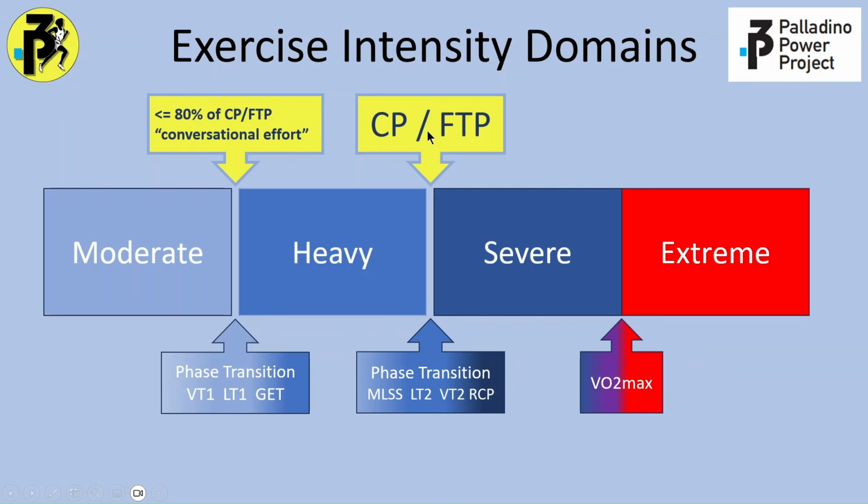And the other anchor point is right here at the second phase transition, which is also attempted to be defined by MLSS and lactate threshold 2, ventilatory threshold 2, respiratory compensation point. All try to identify this phase transition, but in power sense, in run power, it's critical power, functional threshold power. So two anchors to help guide training intensity distribution, training intensity prescription.